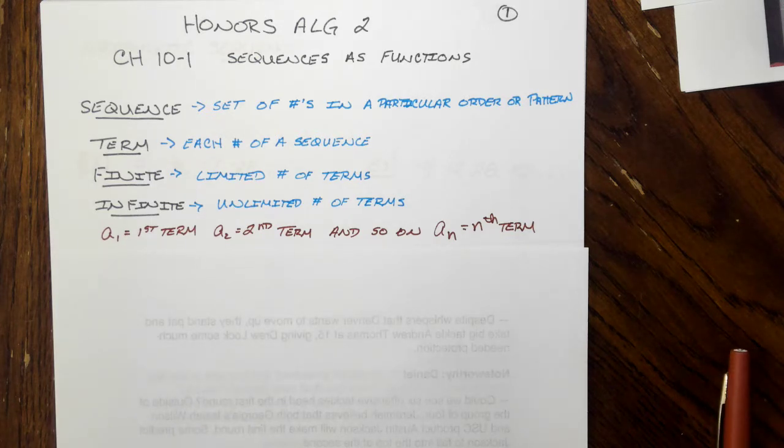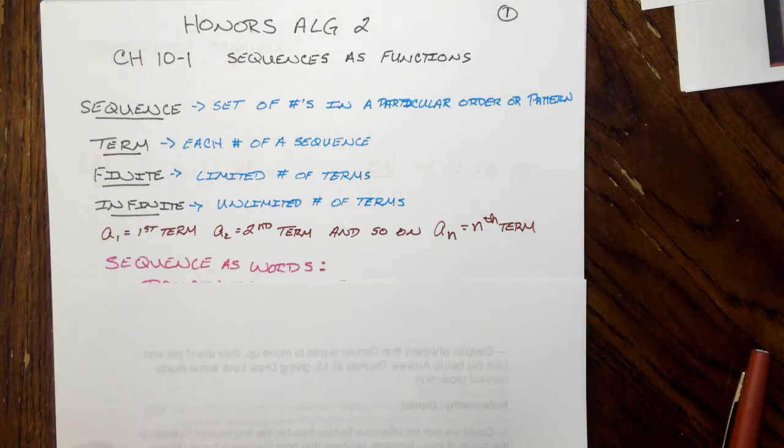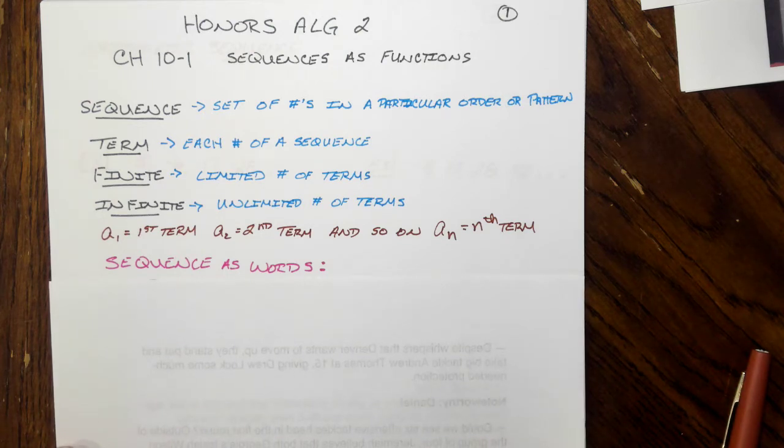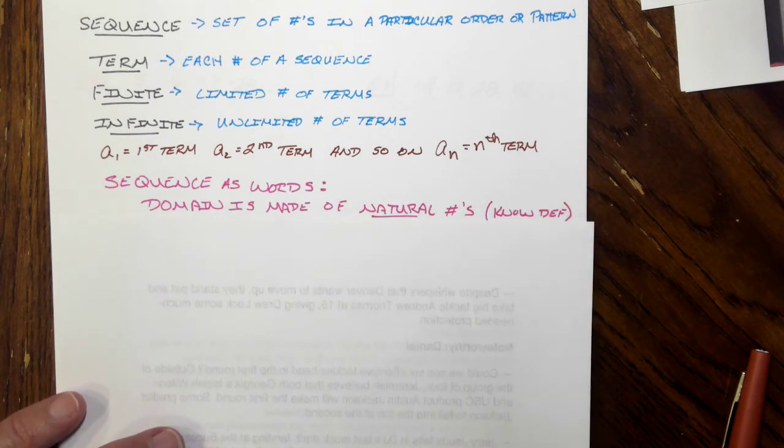Now, a couple different things dealing with our sequences that we need to have straight. First off, a sequence as words, so we see it written out. The domain, so we're going to be dealing with domain and range. The domain will be made of natural numbers.